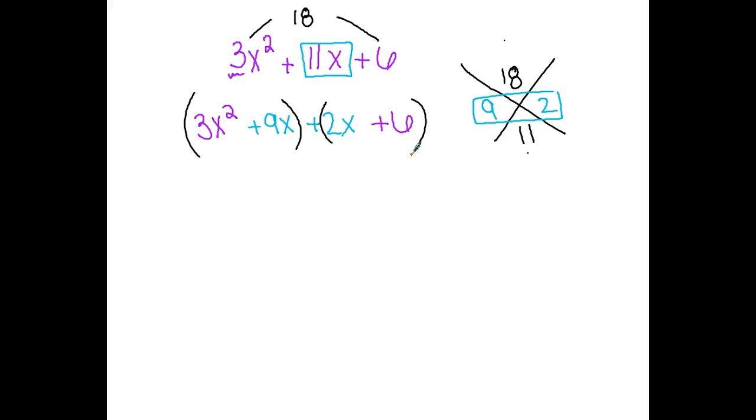So GCF here is 3x, so that leaves an x plus 3. GCF here is 2, so that leaves an x plus 3. Remember that when we do factor by grouping, we want what's left in the parentheses to match for both terms.